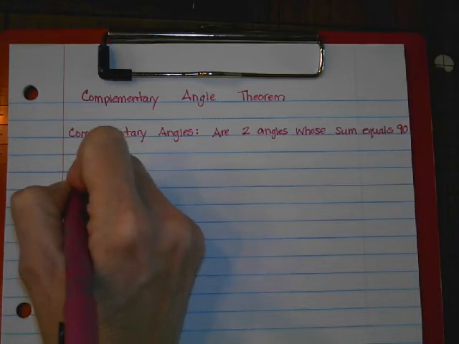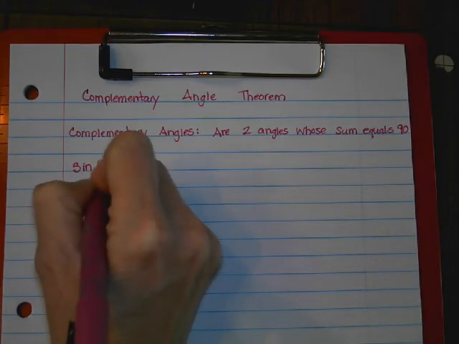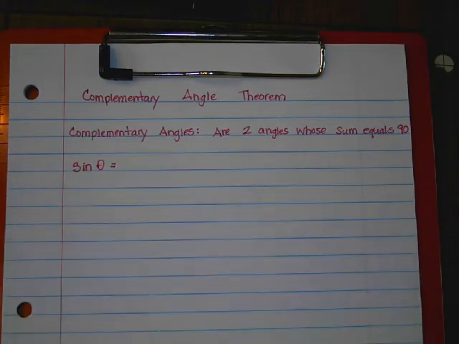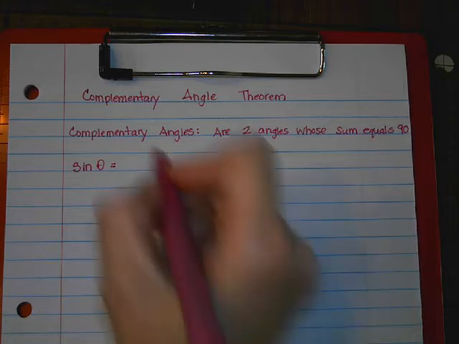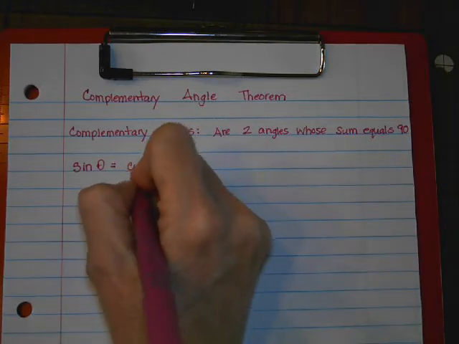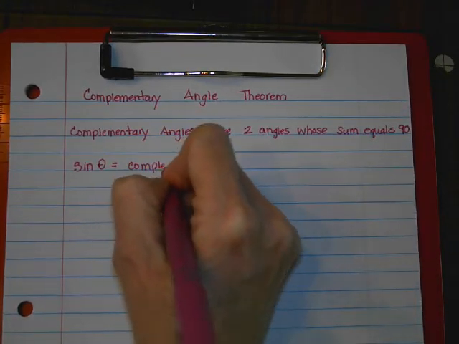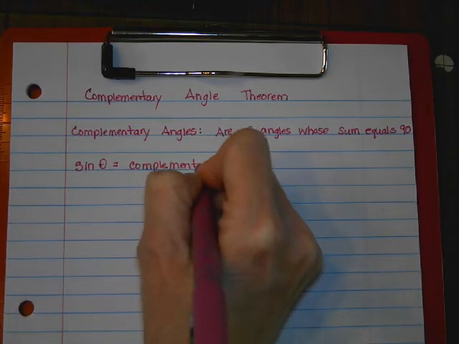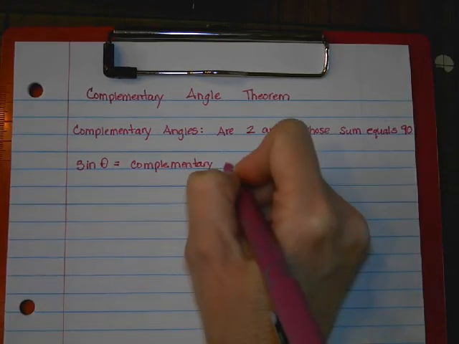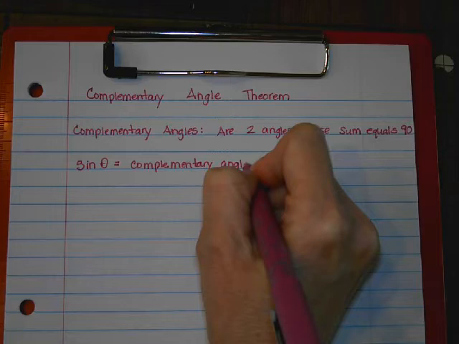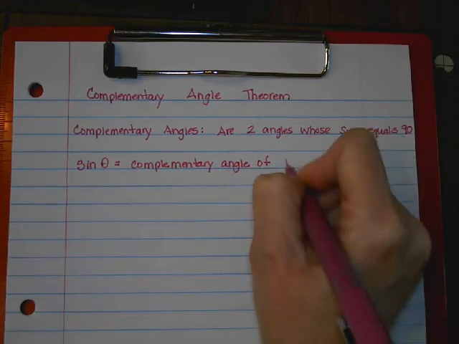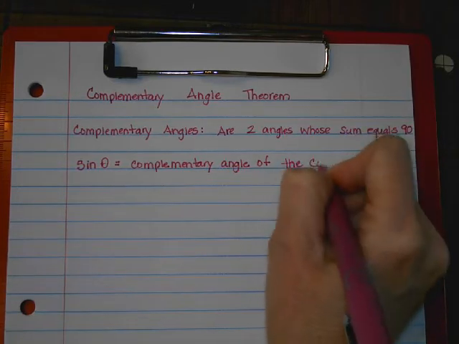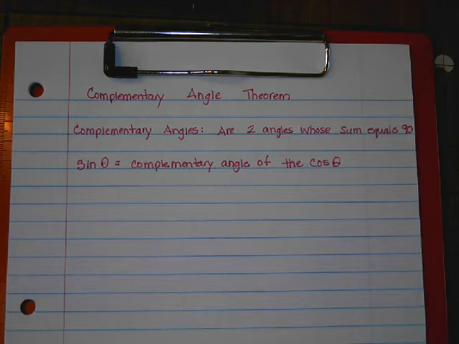I'm going to tell you the sine of any angle theta will be equal to the cosine of the complementary angle of that same angle. For instance, let's give you an example so you can see how this works.